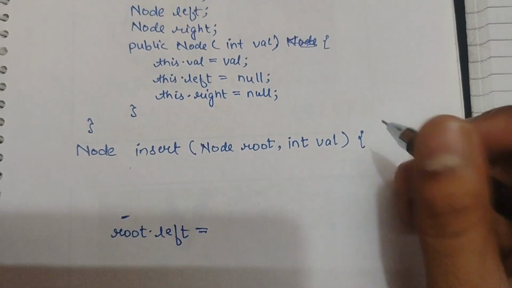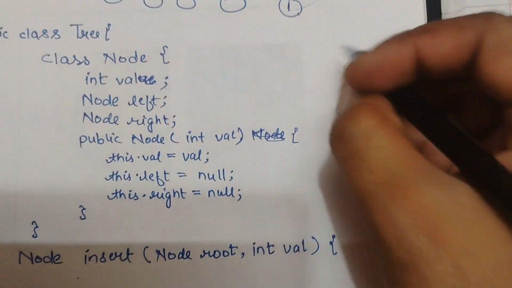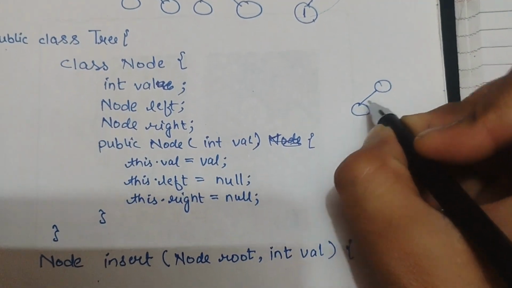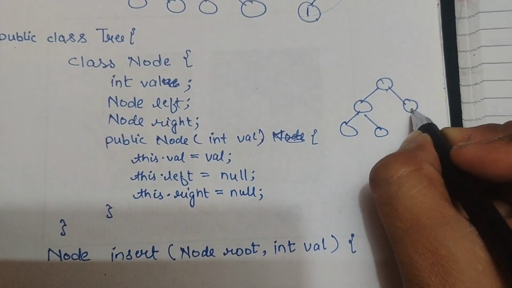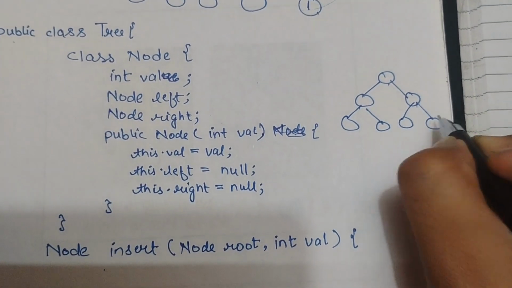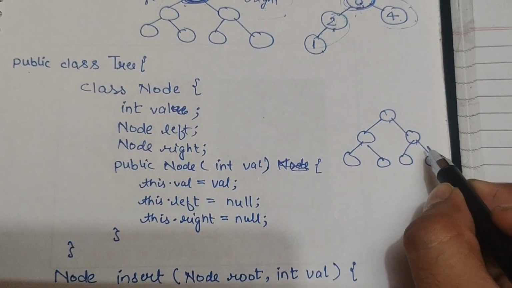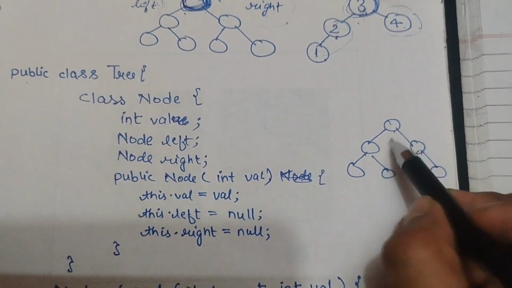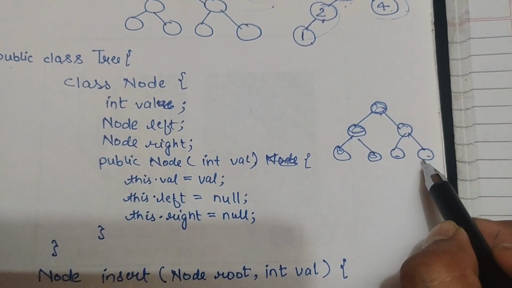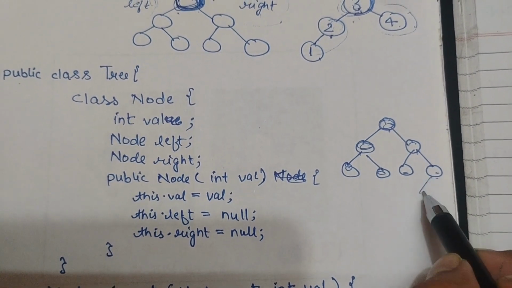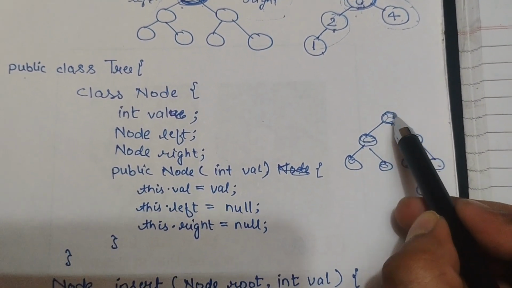Okay, so before starting with the code, let me take one example. Let us imagine I have this tree and I want to insert a node here.